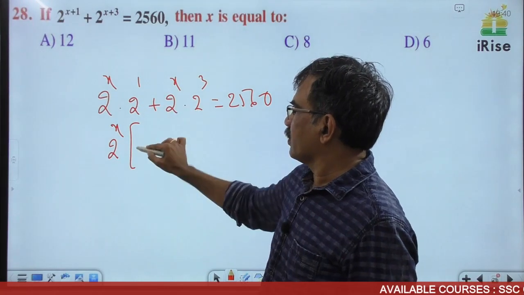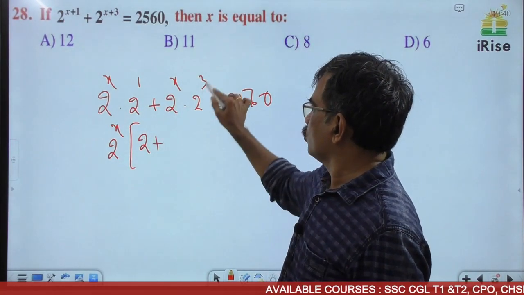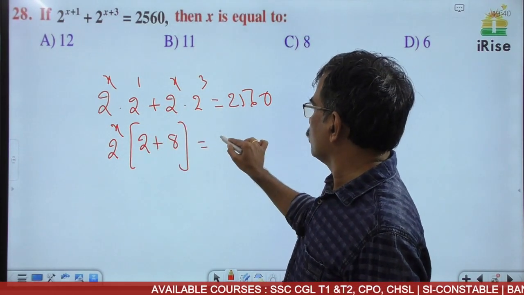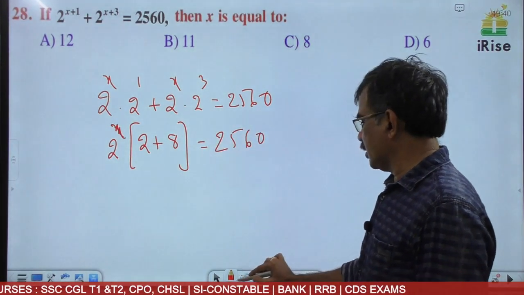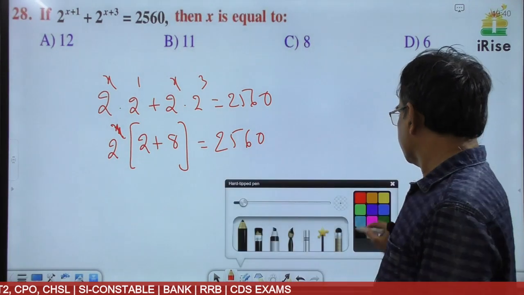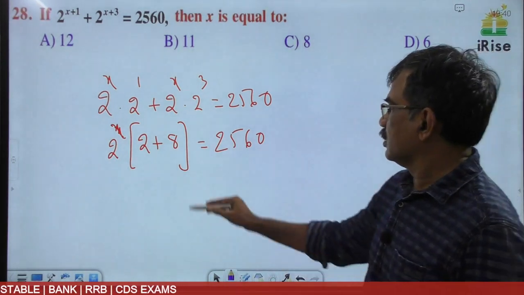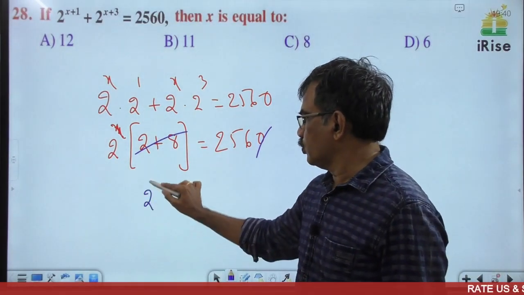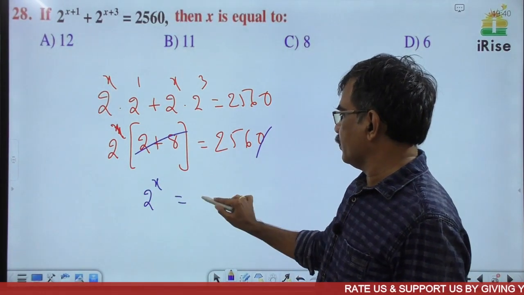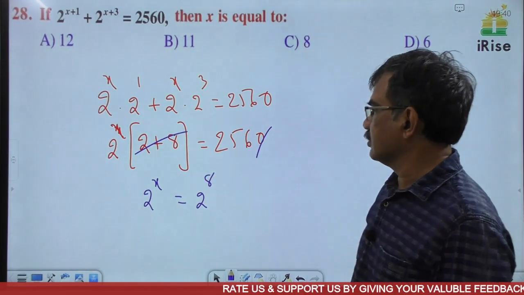We get 2 power 1 is 2 plus 2 cube is 8 is equal to 2560. Then what do we get? This is 10. 10's cancel. 2 power x is equal to 256, which can be written as 2 power 8.